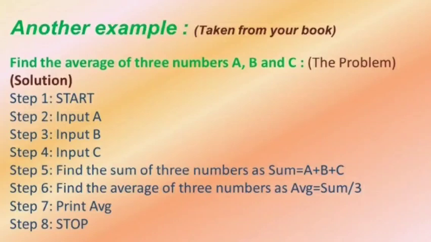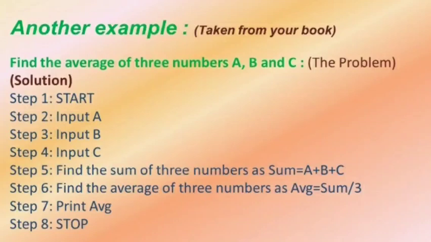Step 7. Print AVG. Step 8. Stop. So if you see, this is just like a program that you do in your Java. First step is start, then step 2, 3 and 4. Here we are taking three numbers as input.